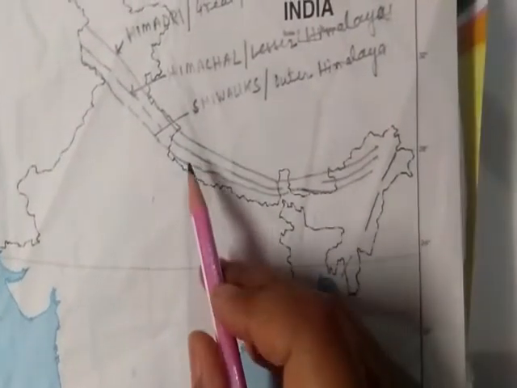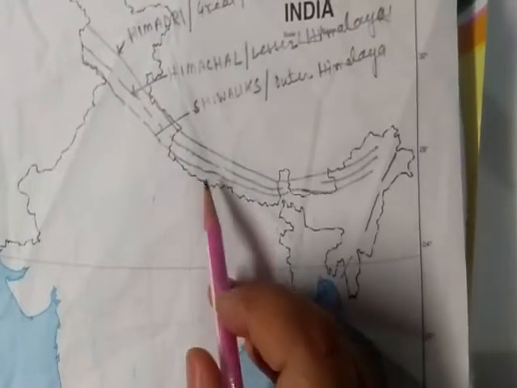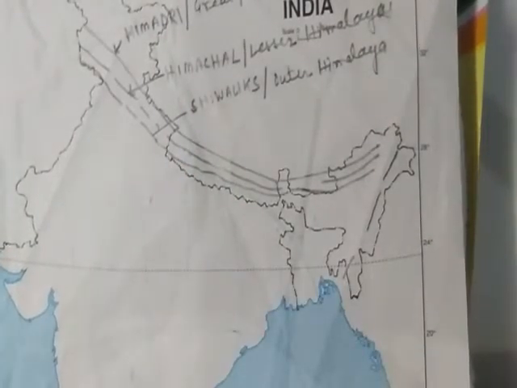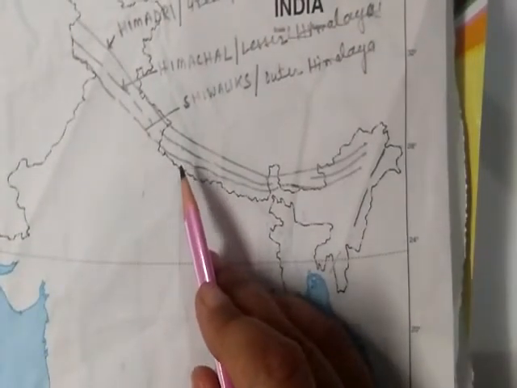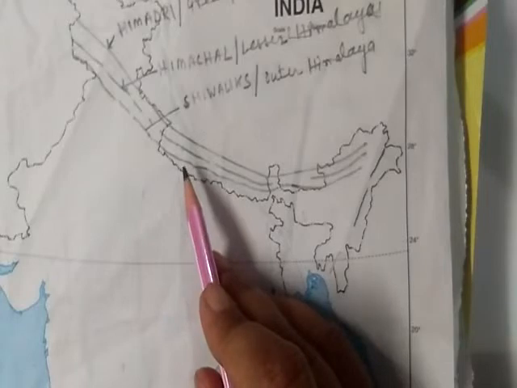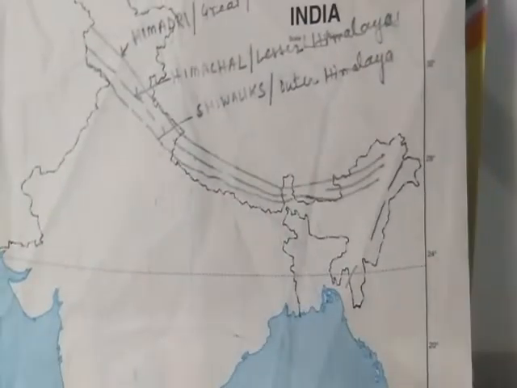And the dunes are the longitudinal valleys lying between Himachal and the Shivalik, like Dehradun. Now see again, the Shivaliks are the southernmost range of Himalaya. It is also known as Outer Himalayas.